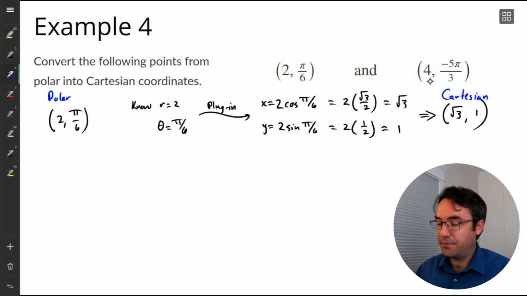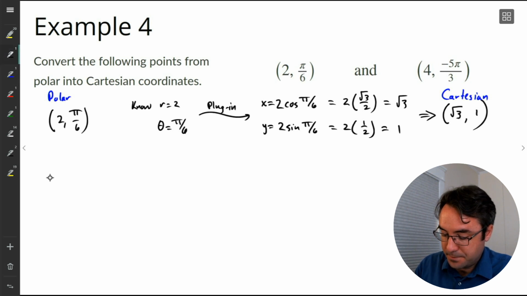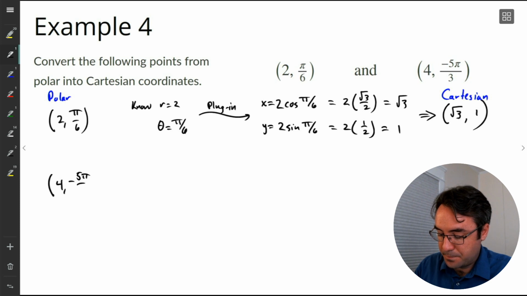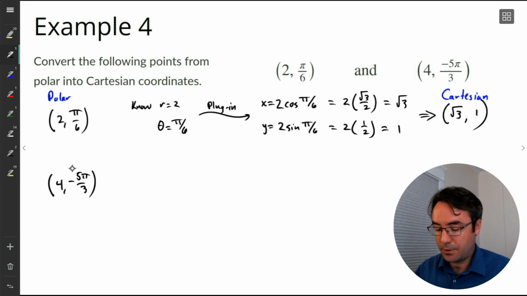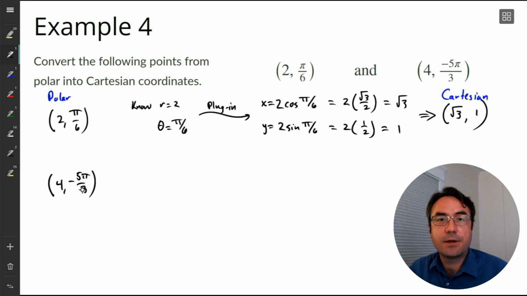What about this other point, 4 comma negative 5 pi over 3? Well, we know we need to evaluate sine and cosine at this angle, but first it might be easier to write this a little bit nicer. For polar coordinate representations, we can add or subtract 2 pi as much as we need to, and it really doesn't change where the point is.